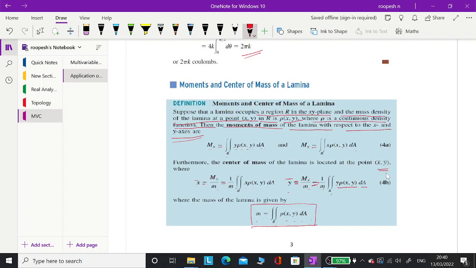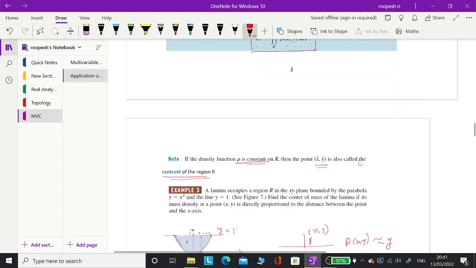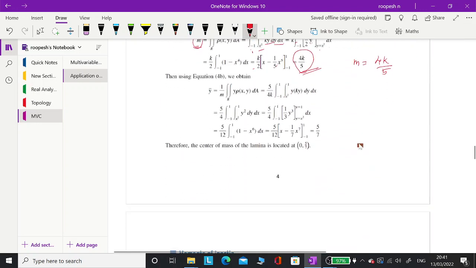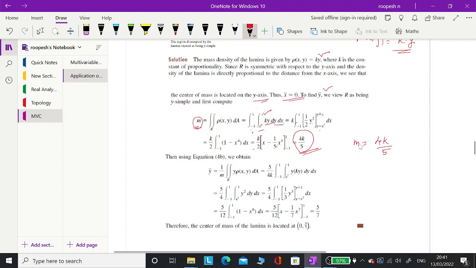So we can use this formula here, right? So y bar is equal to 1 by m into double integral over r y rho xy dA. So y into ky into dy dx, where r is ranging from -1 to 1 and x square to 1, right?